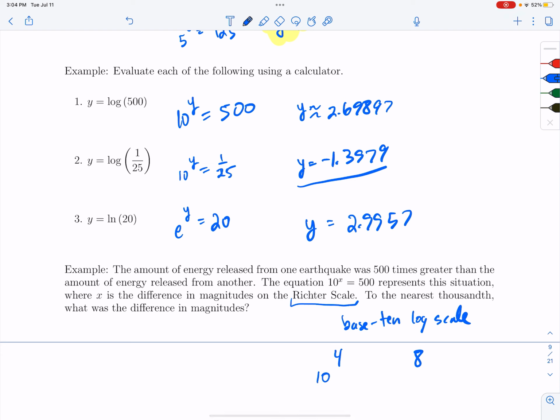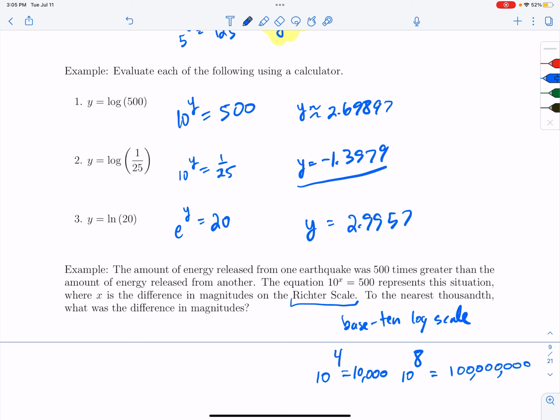What it means is, well, 10 to the 4th is 10,000. 10 to the 8th is 1 with 8 zeros. 4, 5, 6, 7, 8. And that number is 100 million.